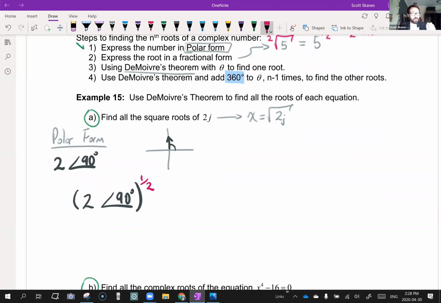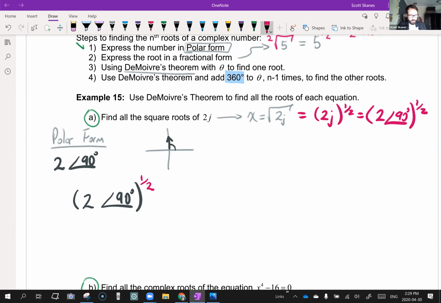That is the square root of that number. You'll notice it's the same thing as saying this: 2j to the power 1 over 2 is the same thing as 2 angle 90 degrees, to the 1/2. Okay? That's why these things are connected.